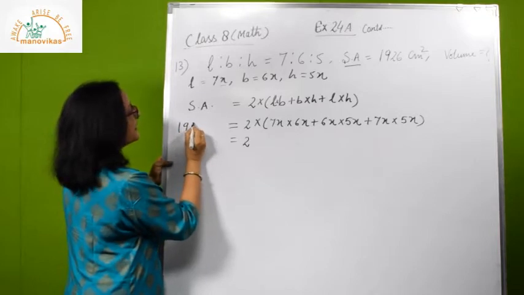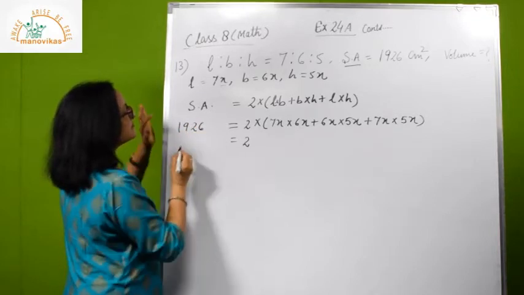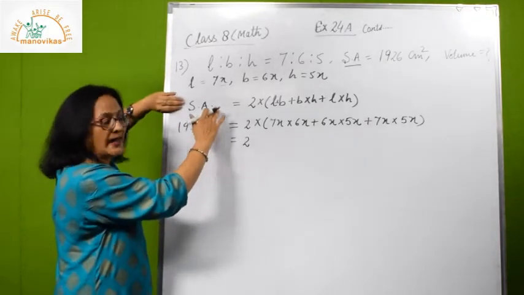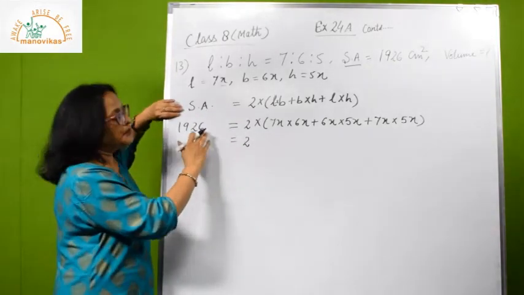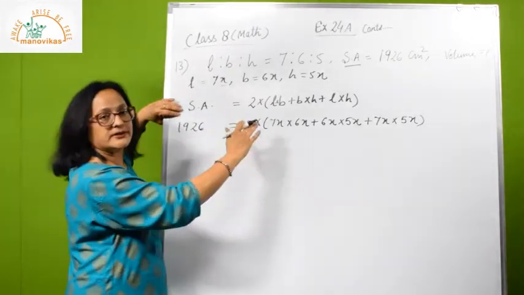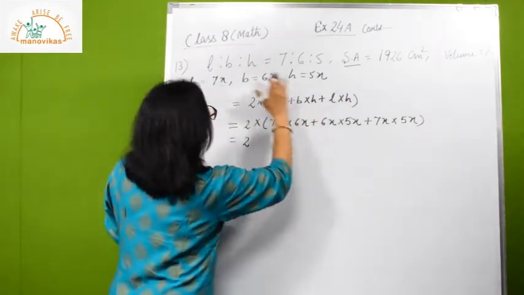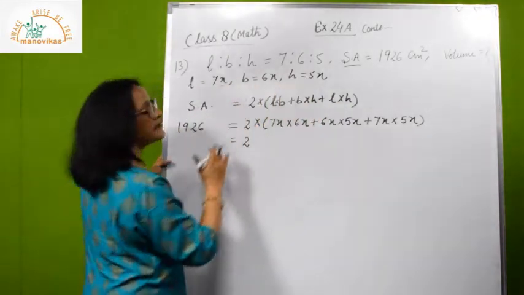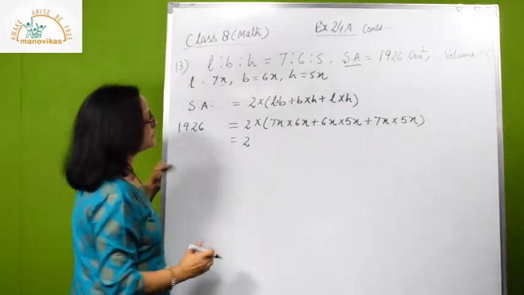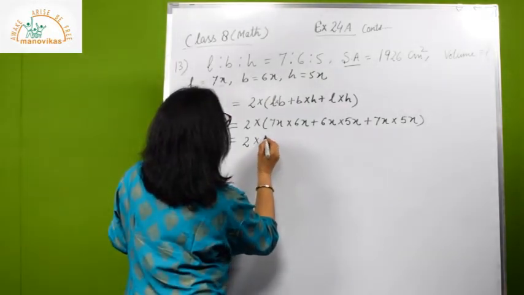Surface area is given, 1926. Simple method: write the formula and just below the formula put all the values that you know. Now one by one you will simplify it.